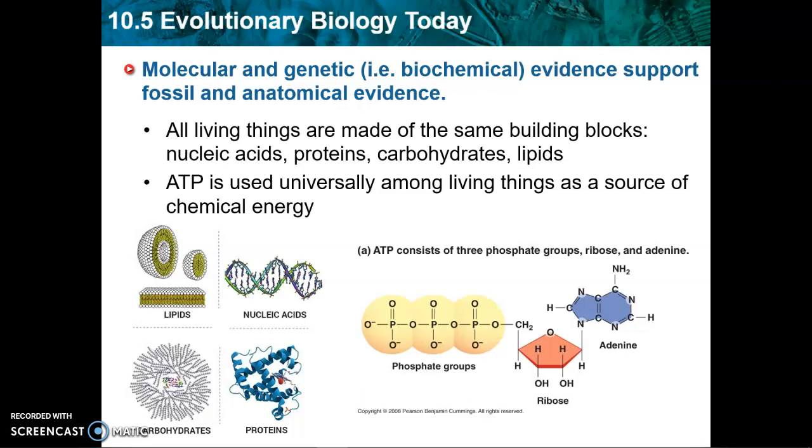That suggests that an ancestor was built out of those types of molecules, and because those were the molecules available to make life, all of the descendants from that ancestor are also made out of those types of molecules. Same thing for ATP. This is a universal energy molecule among all types of life. Whether it's bacteria, plant, animal, whatever, they use ATP, which means that this is probably a shared characteristic that came from an ancient ancestor.